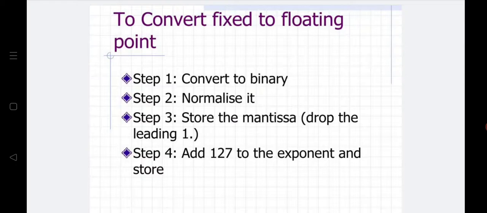In step number 4, for the exponent, add 127 to the exponent and store. Whatever the 2 to the power of something value you got after the normalization, for that number you add 127. Whatever value you get, convert that value into binary format and keep it in the exponent block.